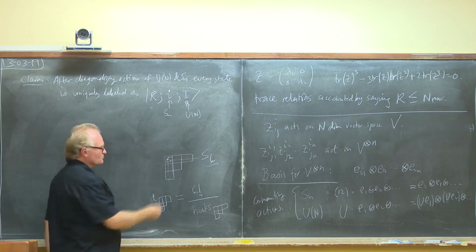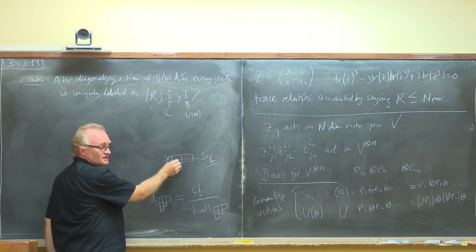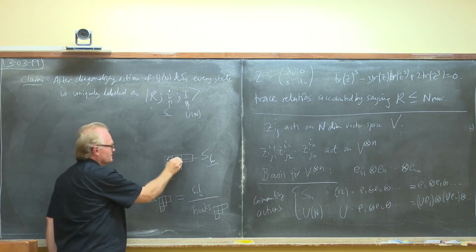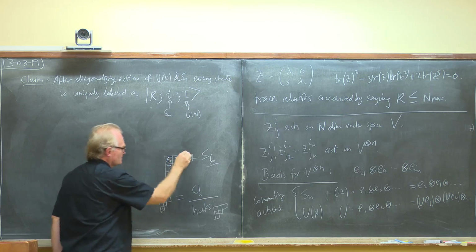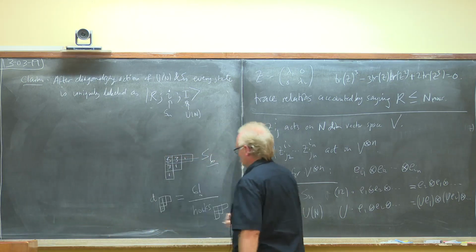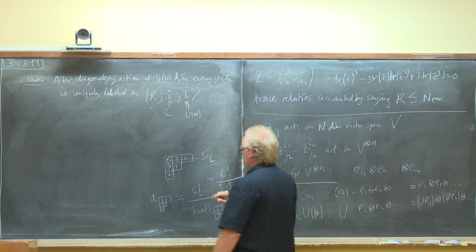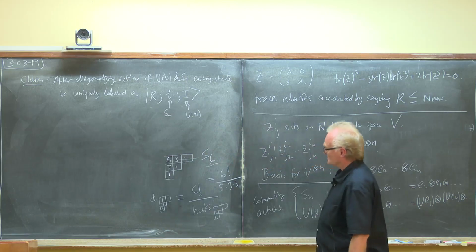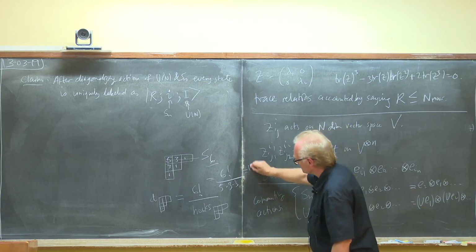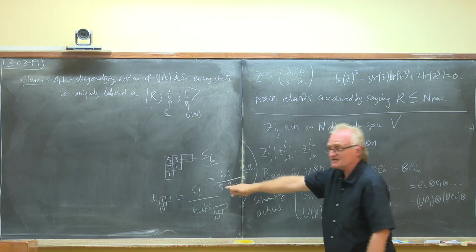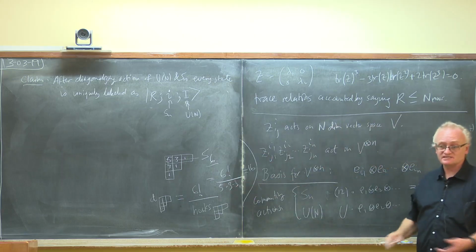What would this hook length be? 3. So this dimension will be 6 factorial over 5 times 3 times 3 times 1 times 1, which would be 16. So this, as a symmetric group rep, would have a dimension of 16.